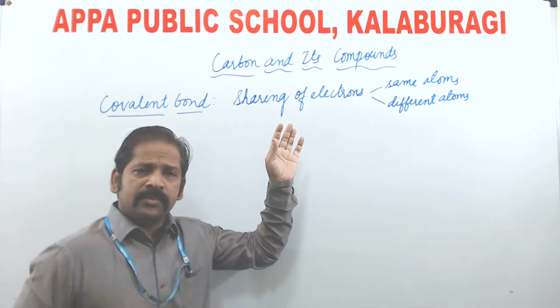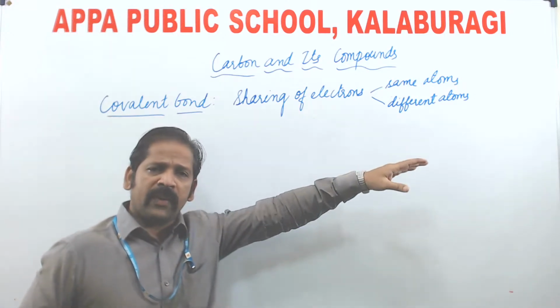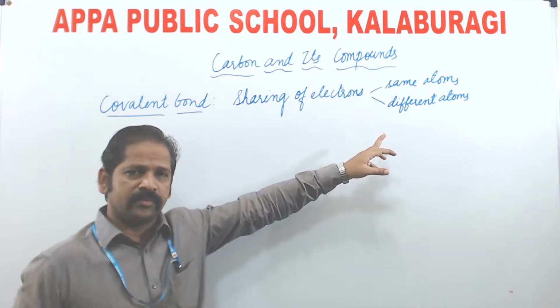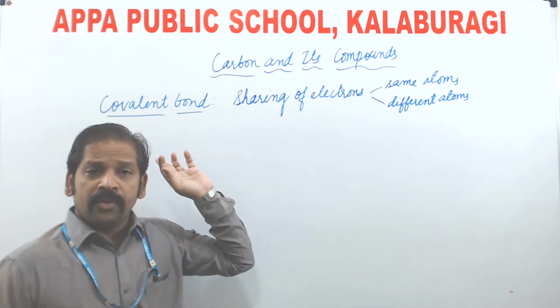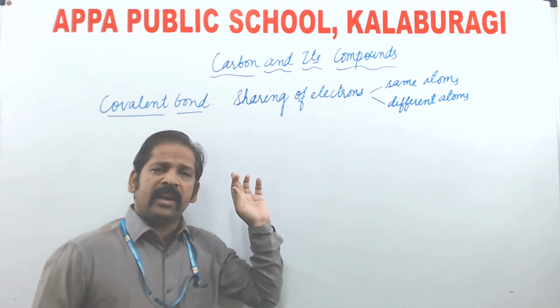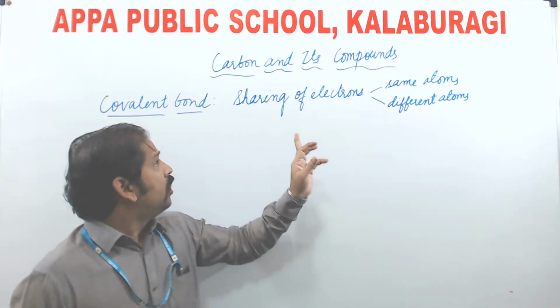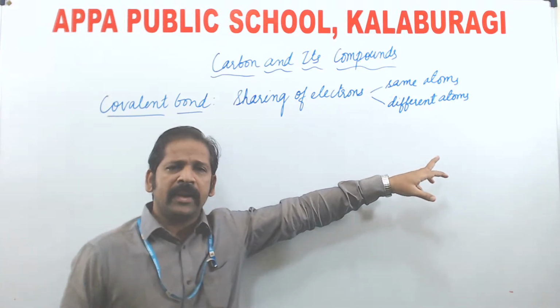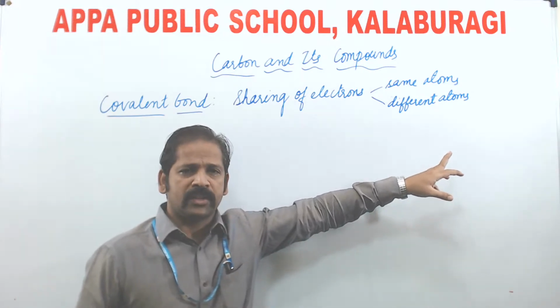The ionic bond is transfer of electrons between the metal and non-metal. Here it is sharing of electrons. The ionic bond is between the metal and non-metal; the covalent bond is between the non-metals.